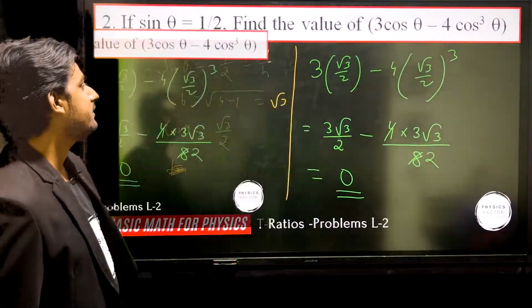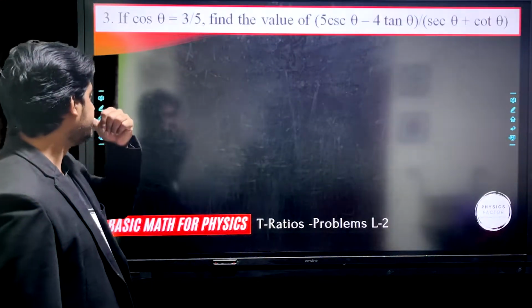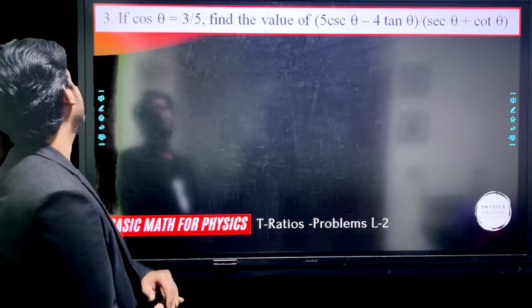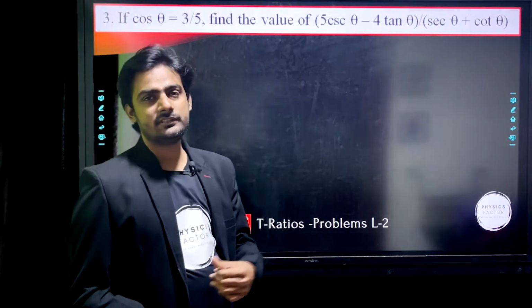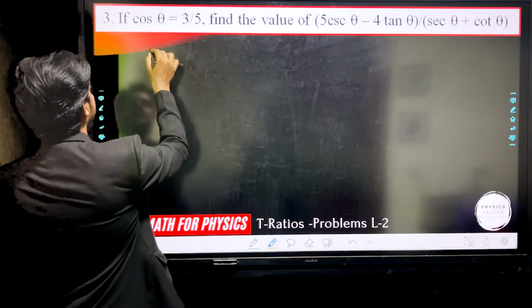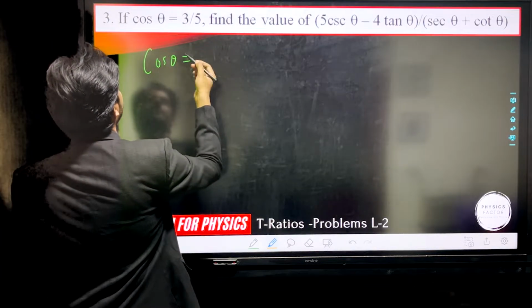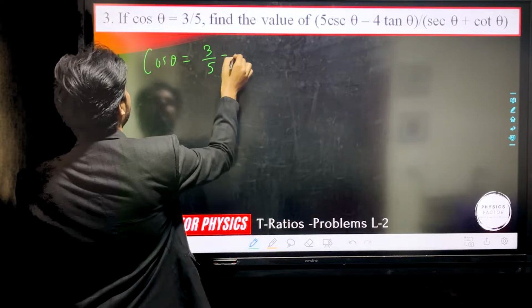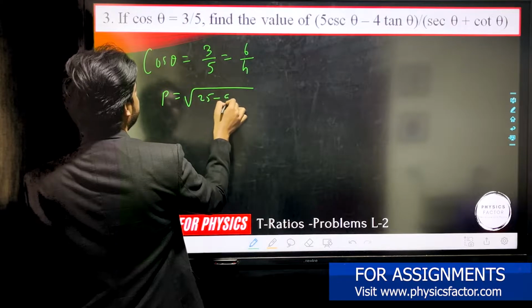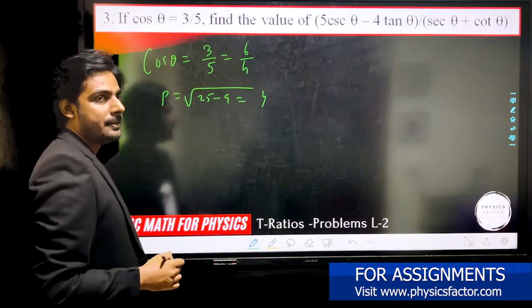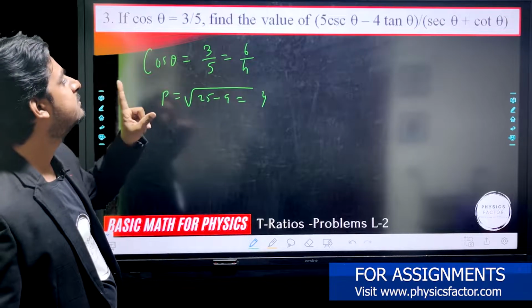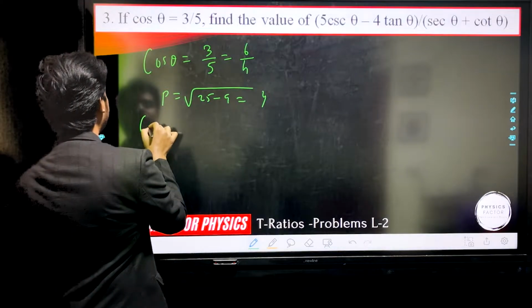Let's move to question number 3. Next question. Similar question. Cos theta is given and we need to find the value of this. So first let's write all the values that we have. Cos theta is 3 upon 5, which is base upon hypotenuse. So perpendicular we can calculate, root of 25 minus 9, so 4. Right? So once we got the perpendicular, we can calculate cosec theta.